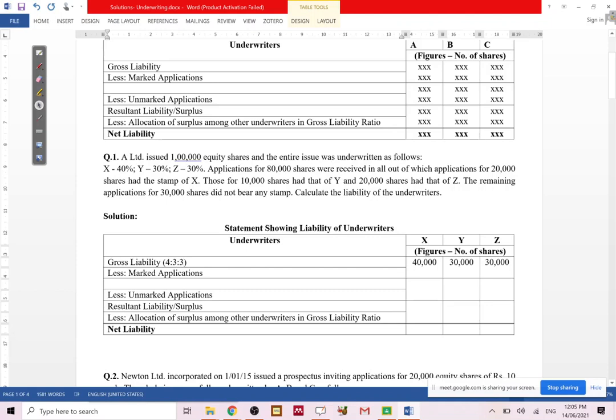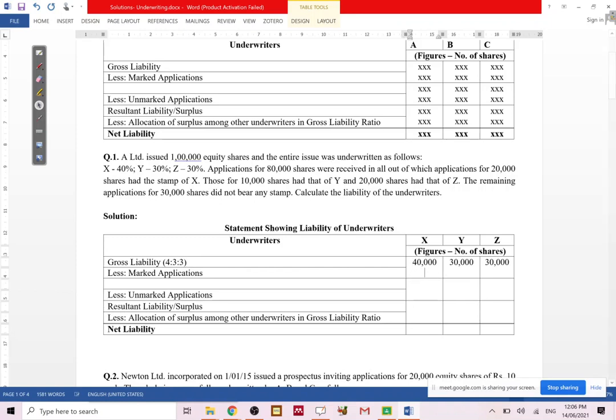So the ratio in which all of these underwriters have agreed to take this issue of shares is 4:3:3. And this gross liability ratio is very important because later on, whatever surplus or liability we get over here, we always distribute it in the gross liability ratio. Is that fine?